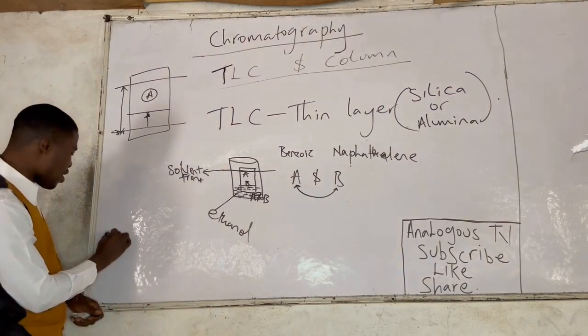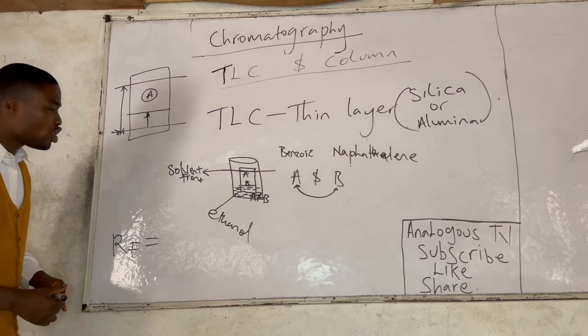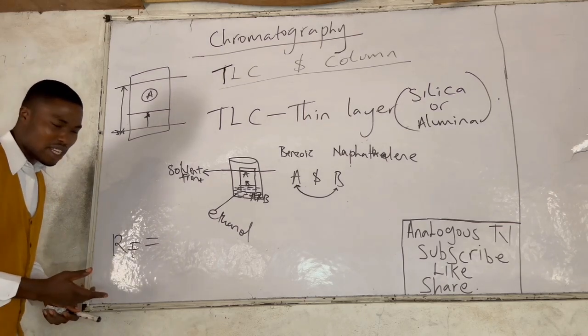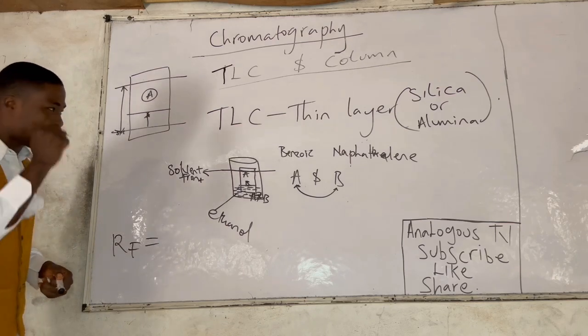And remember, we calculate a value for every chromatography process for each of the solutes. It's called the Rf value, the retention factor value. Now, the Rf value, please take note, is always less than 1.